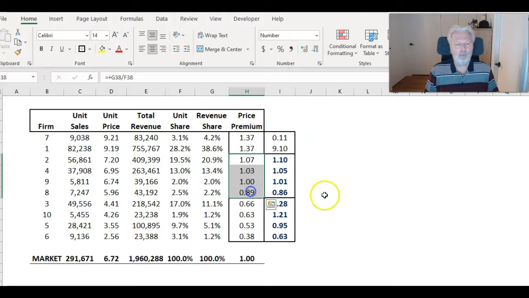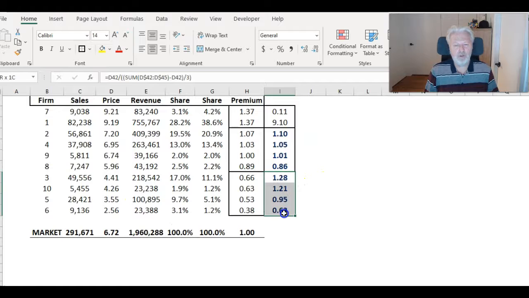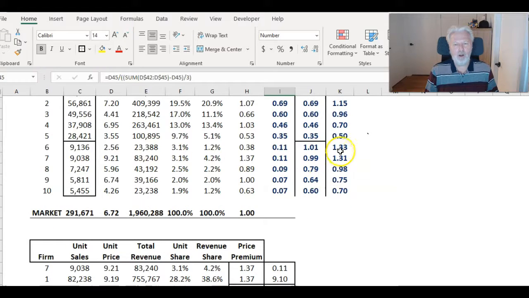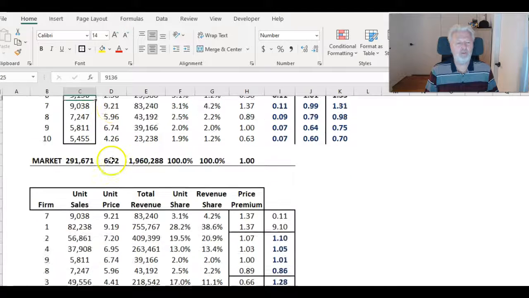Then we have our mid-priced brands, and you can see that they have a 10% advantage, 5% advantage. So 2 and 4 are outperforming 9 and 8. And then we've got our discount brands. You can see that Firm 6 is in a lot of trouble. It's got a very cheap price, and it's got a 3% share, and even relative to its direct competitors, it has 63% share. In terms of size, it's doing okay. And so it does well here, but it's just underranked.